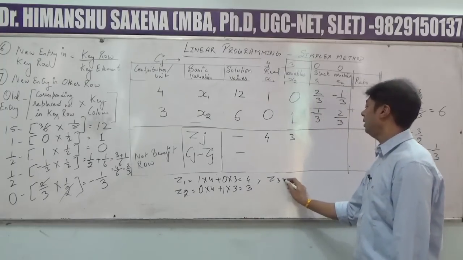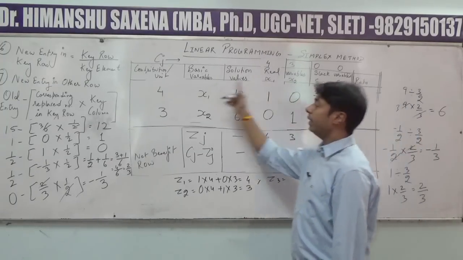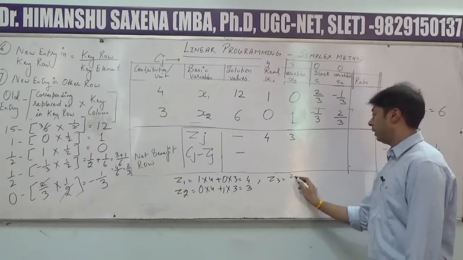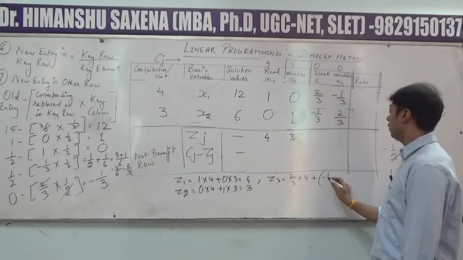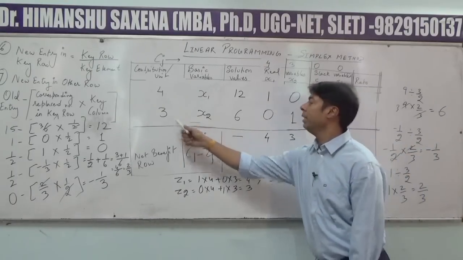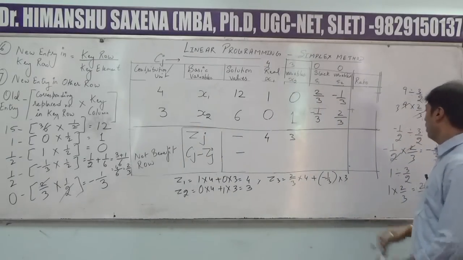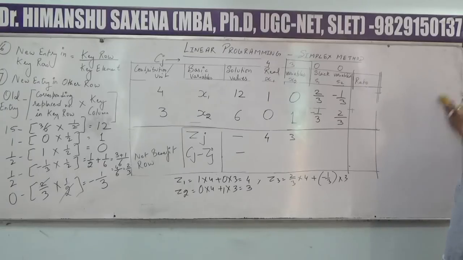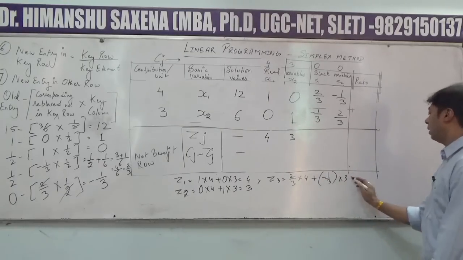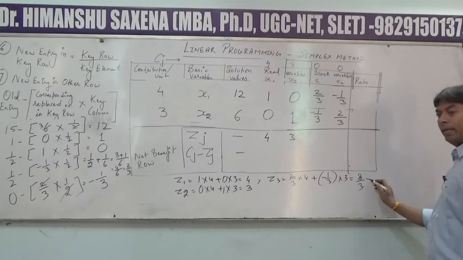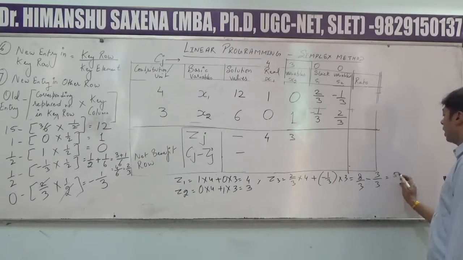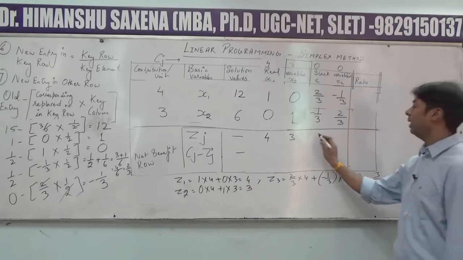Next, Z3. 2 by 3 multiplied by 4 plus minus 1 by 3 multiplied by 3. Now how this will be solved? See, 2 fours are 8 upon 3 plus minus will give you minus 3 by 3. That will be equal to 5 by 3.